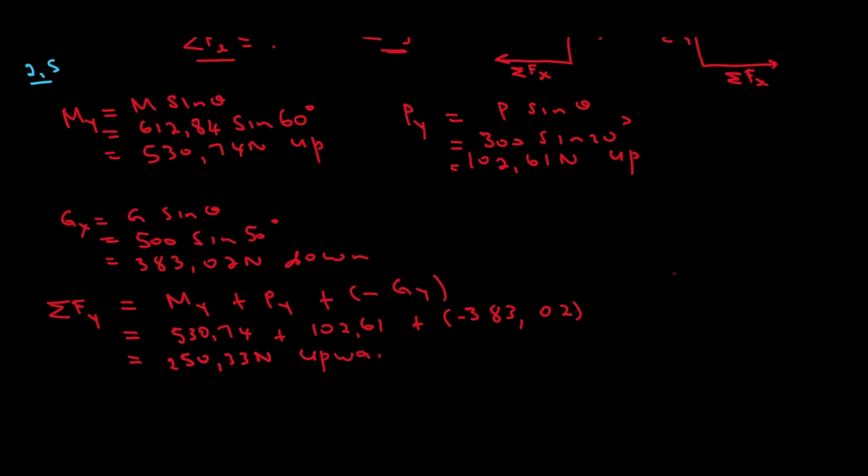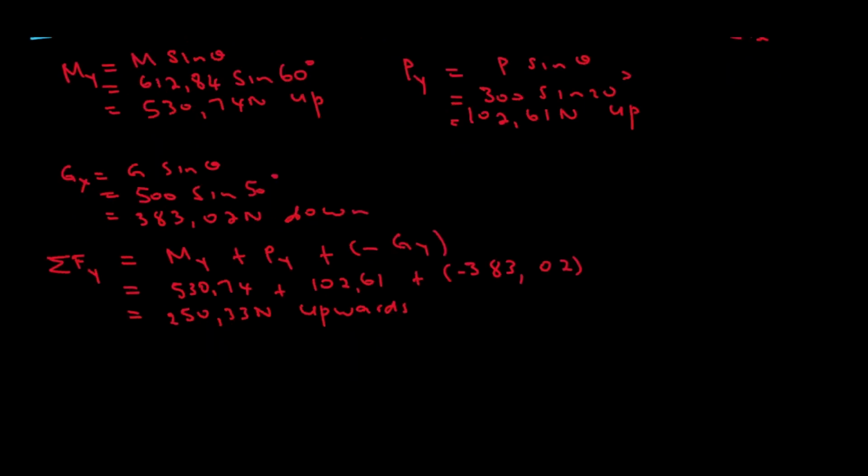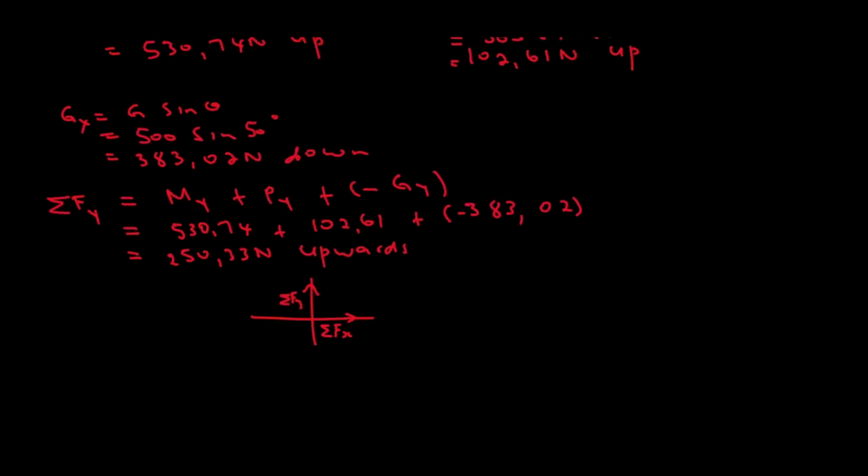Now I can draw a small diagram to show these two forces. So this is going to be the sum of forces in Y, and the sum of forces in X, that was to the right. It was given to me as positive anyway, and it acts to the right. Now let me change the color.